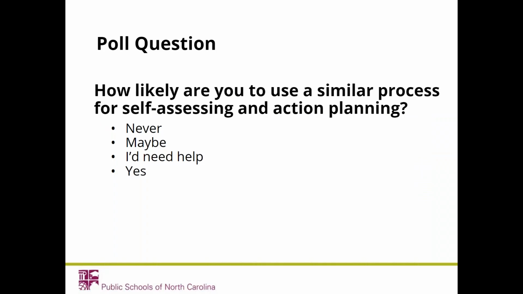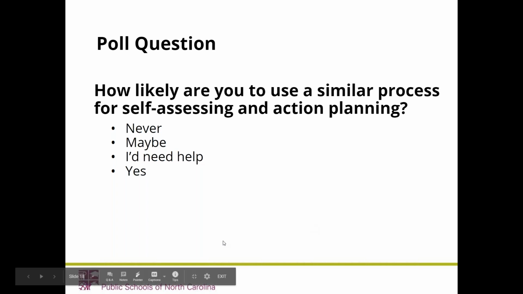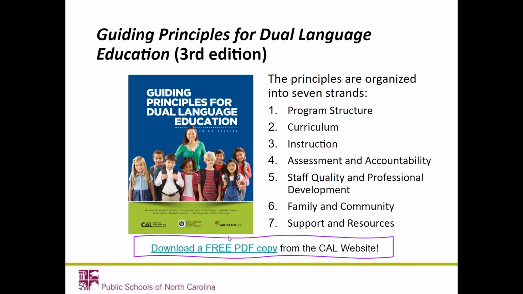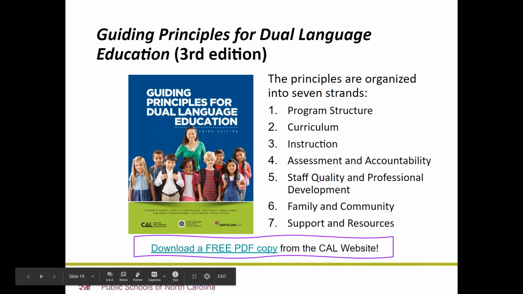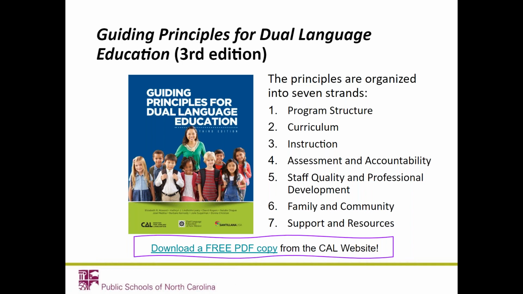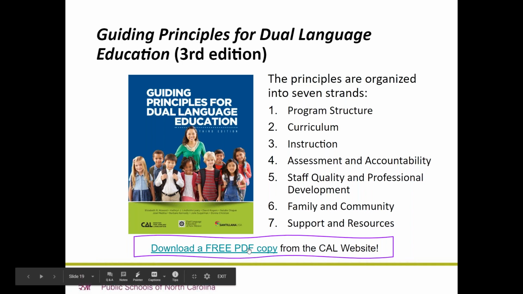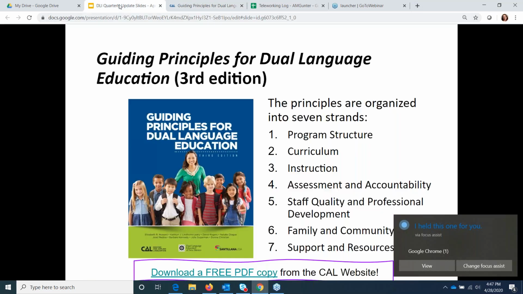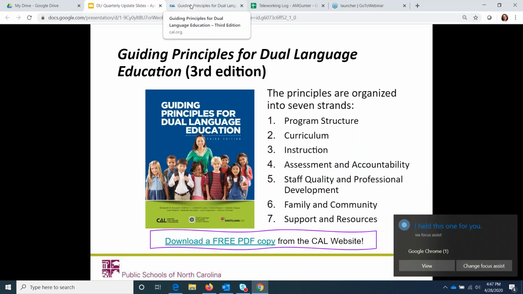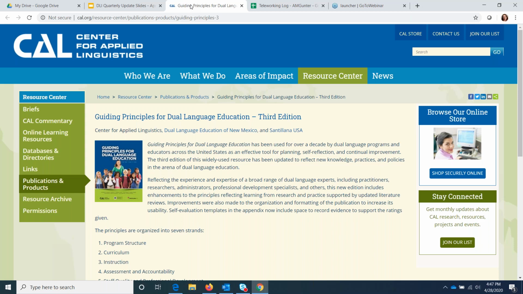What I'd like to do now is to take a peek at really maybe just answering some questions and sharing ideas. Before I do that, though, as you can see on this page, here's the download link to get to the Center for Applied Linguistics, and the guiding principles and the strands are program structure, curriculum, instruction, assessment. And here is the CAL website, and so we can click back over to that.